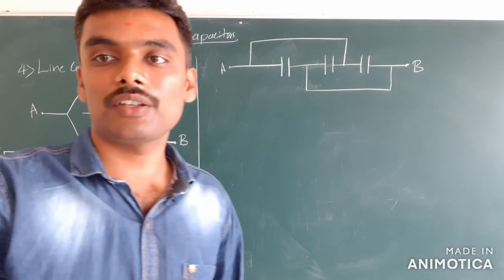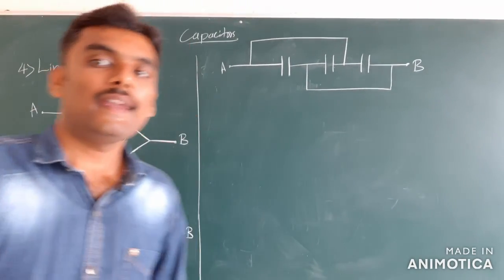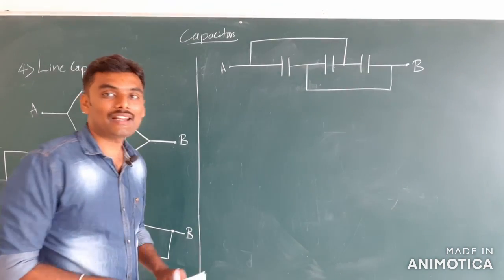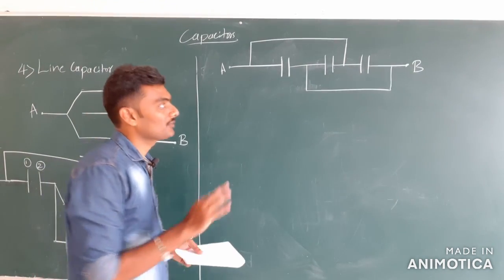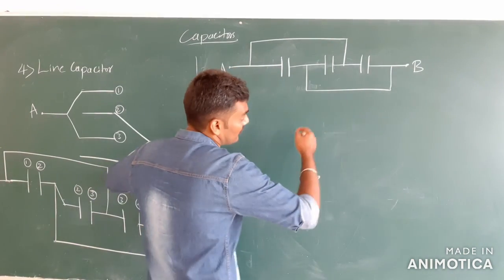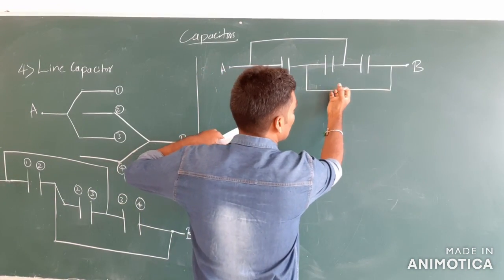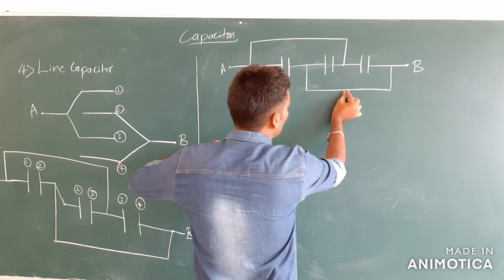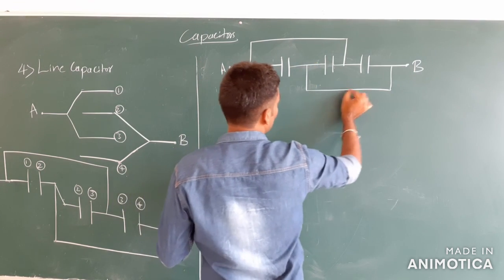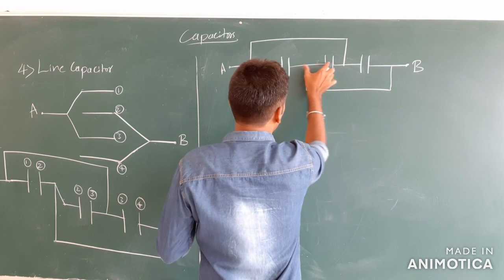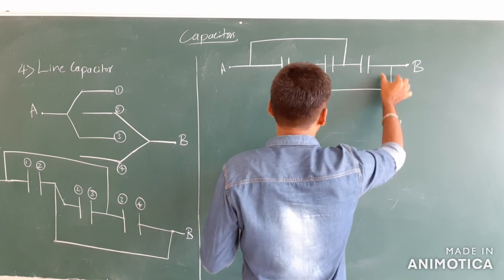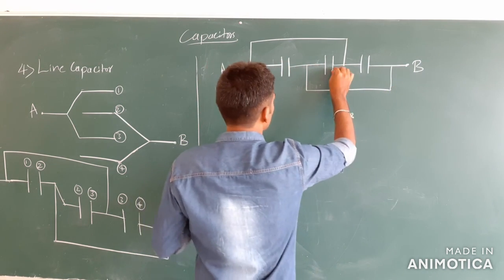This is the circuit, and this is actually a parallel combination of 3 capacitors. If you can visualize, this is where you can put the point B. It doesn't matter because this point, this point, this point, this point, and these two will have the same potential, right?